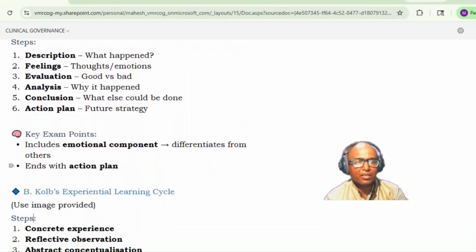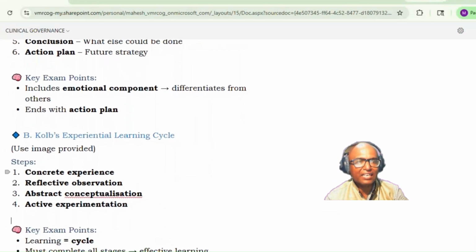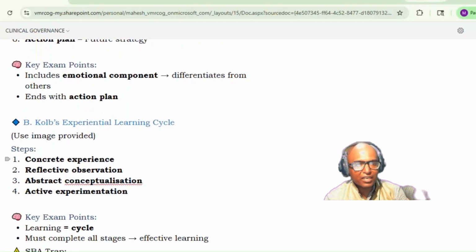While Kolb's experiential learning cycle is the concrete experience, a reflective observation, an abstract conceptualization, and active experimentation. Here basically there is a deep learning which is happening.